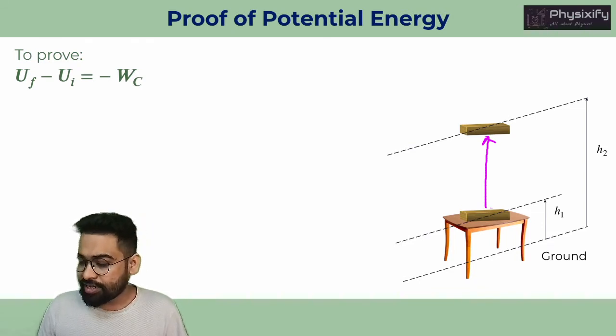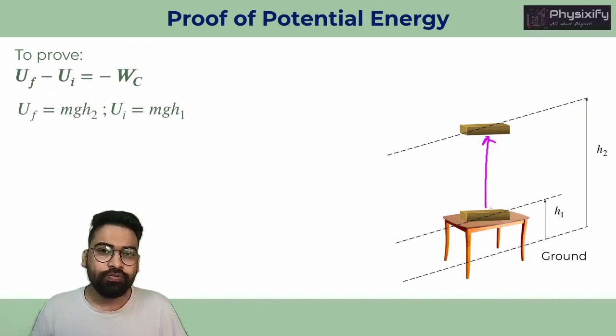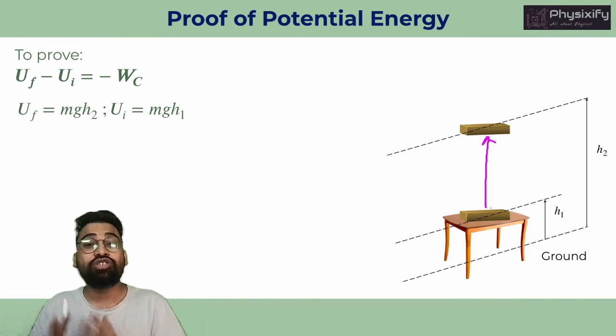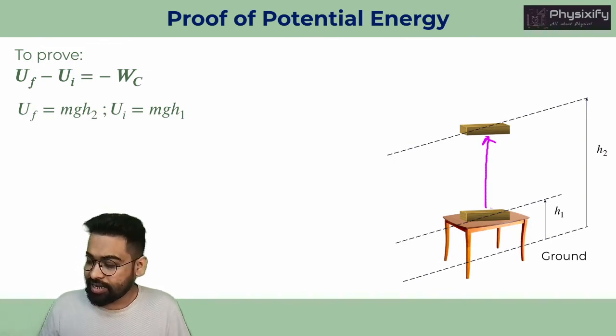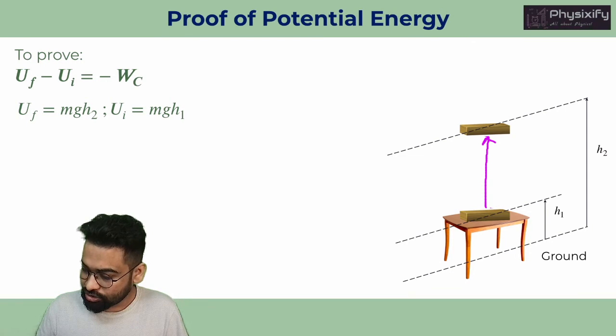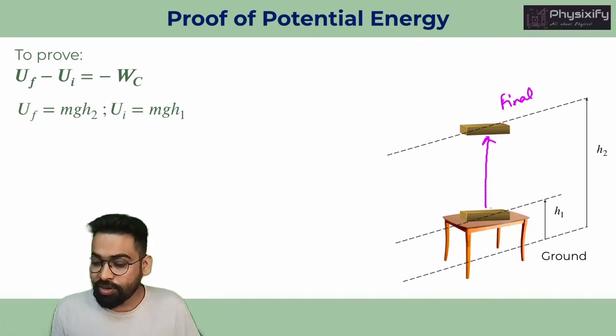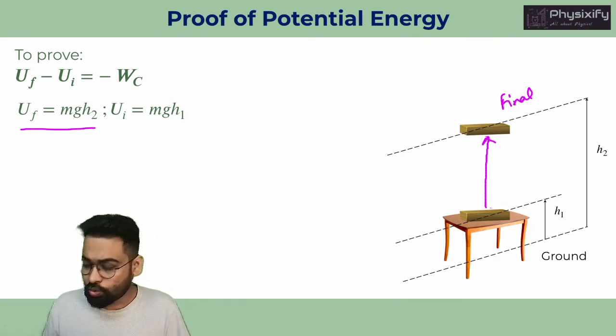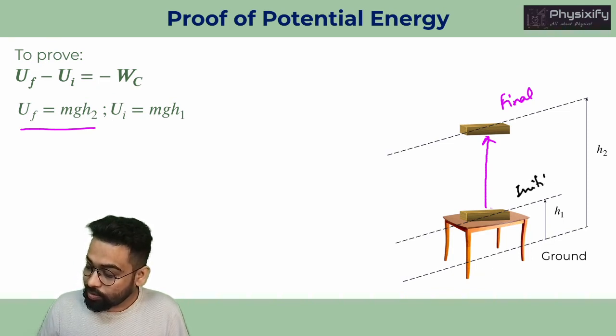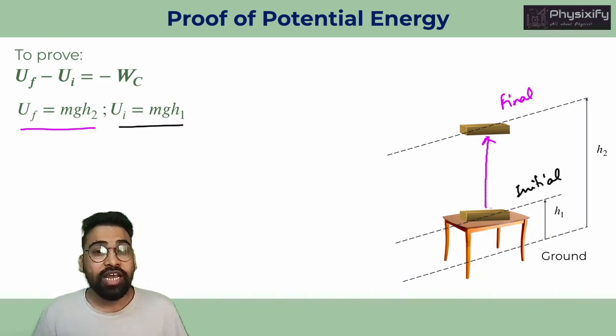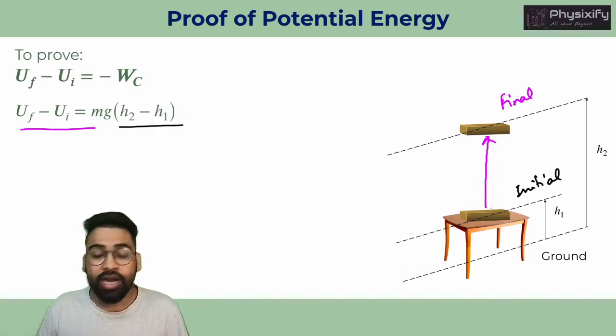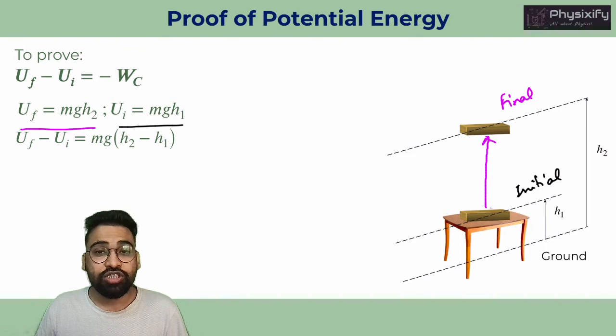Now normally we know that potential energy is mgh. So I can say that this final position will give me a potential energy mgh2, while this initial position will give me a potential energy mgh1. If I do Uf minus Ui, I simply get mg times (h2 minus h1).